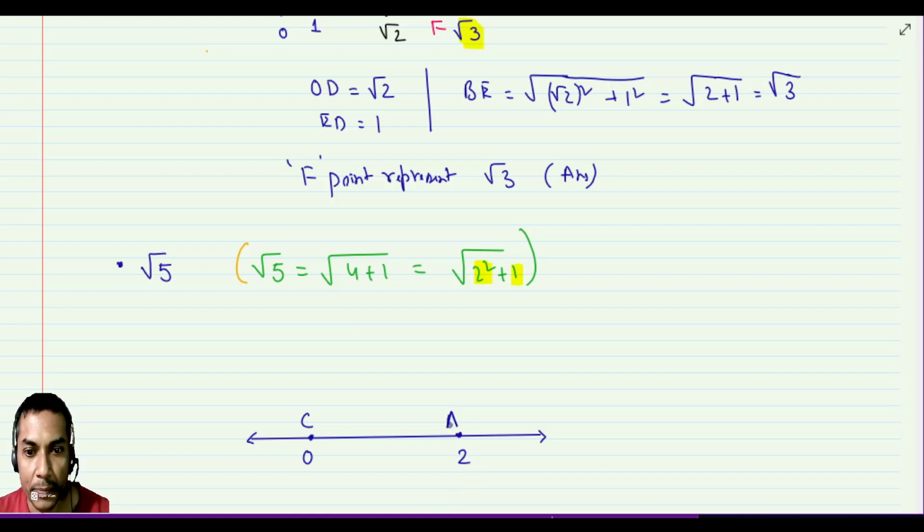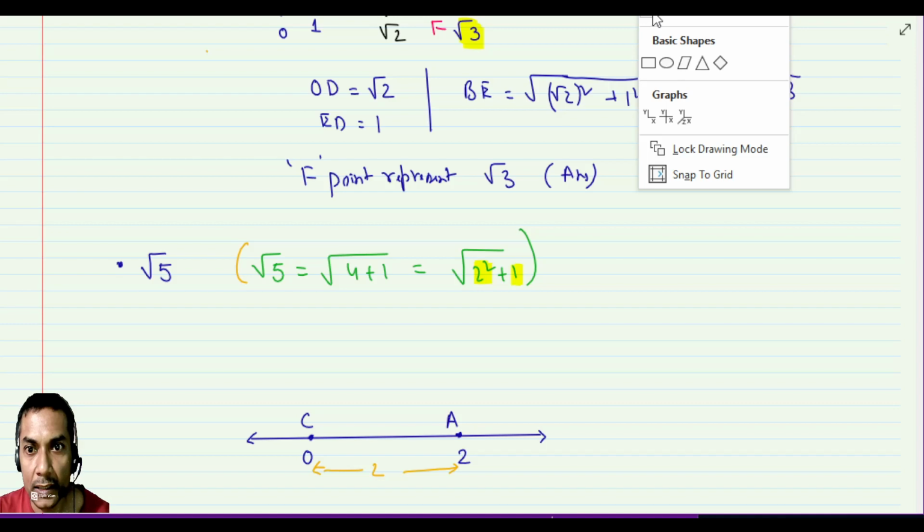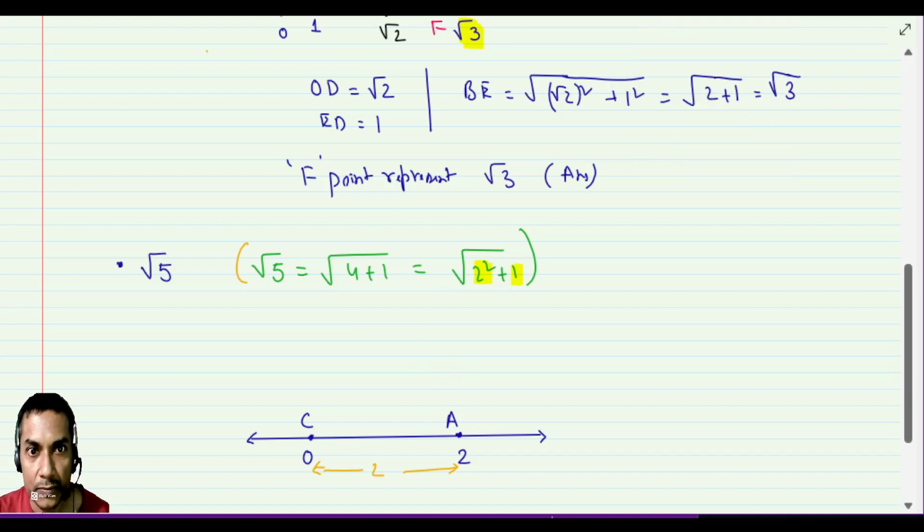So A represents 2 centimeters, meaning this distance is 2. Clear? So you take the half distance and draw a vertical here.